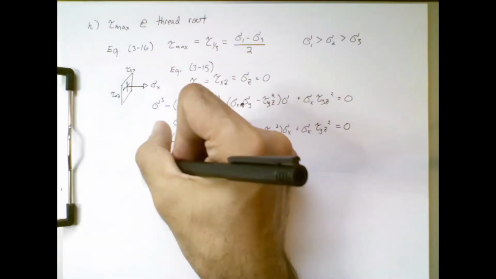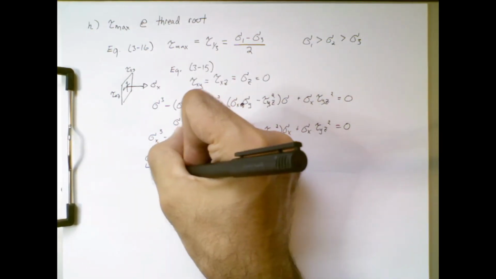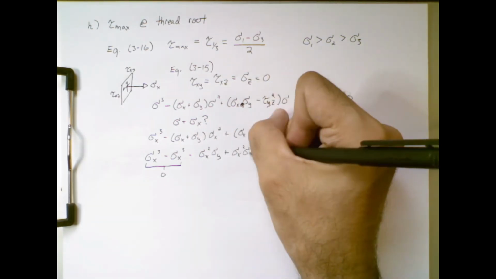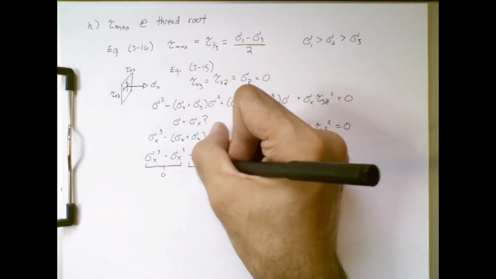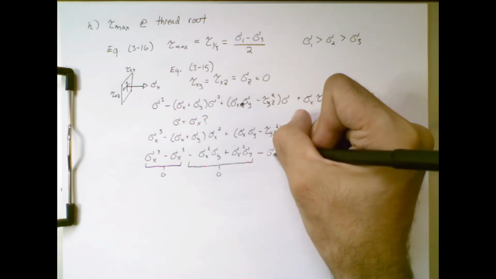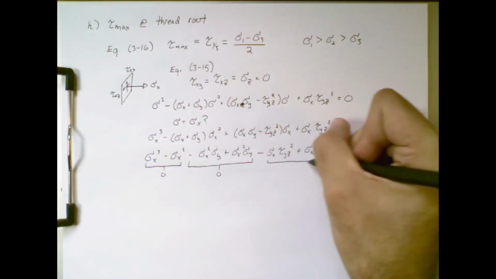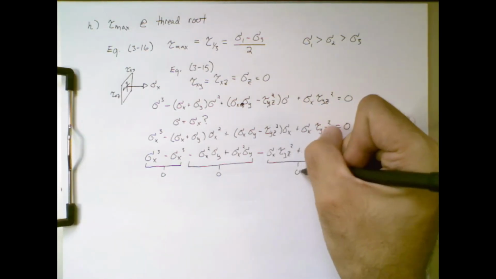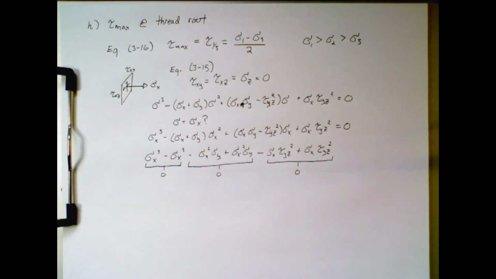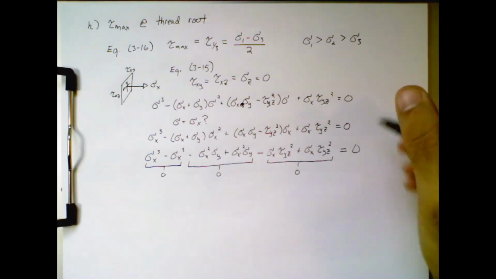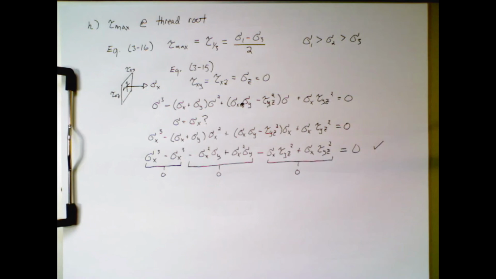Well, right away we can find that these two terms go to 0. Again, the next two terms cancel each other out. And again, the final two terms also cancel each other out. And so we have verified that yes, in fact, sigma x is a principal stress.